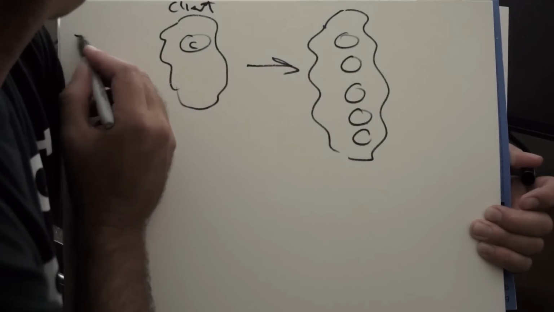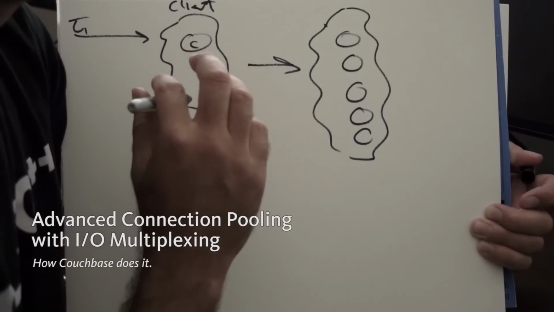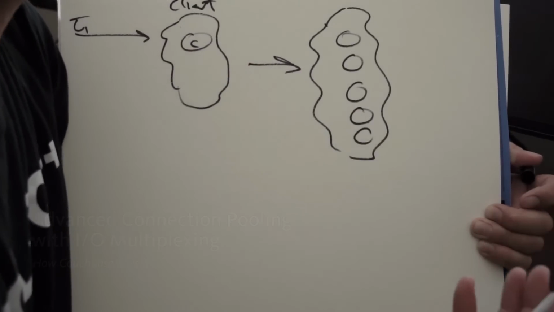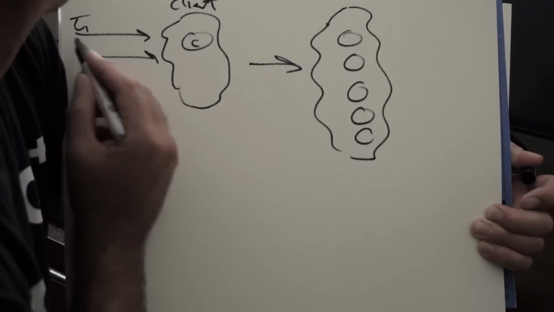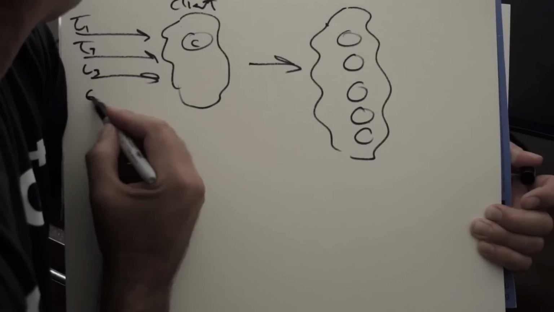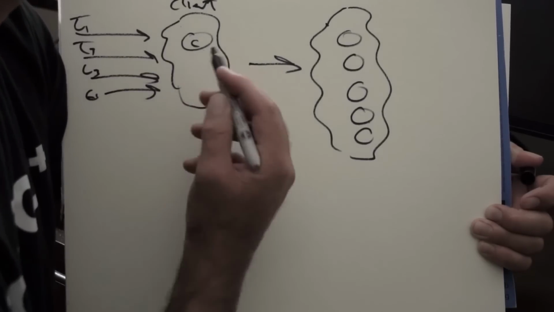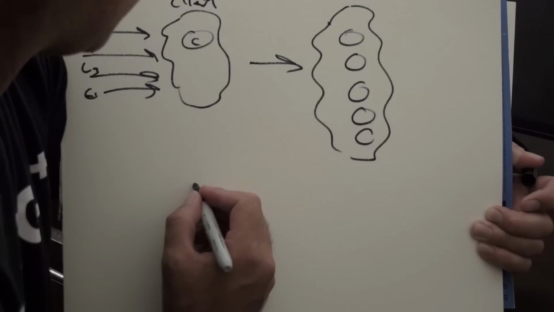Now with I/O multiplexing, it's a little different. Instead of getting a single connection and using it for the duration of the operation, multiple threads will use the connection at one time. So in this case, T1, T2, T3, and T4 events will all be communicating through a single connection for each node in the cluster. Now the benefit here is you use fewer connections, right?